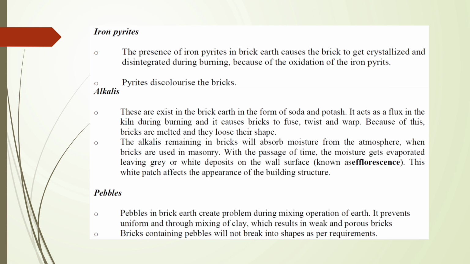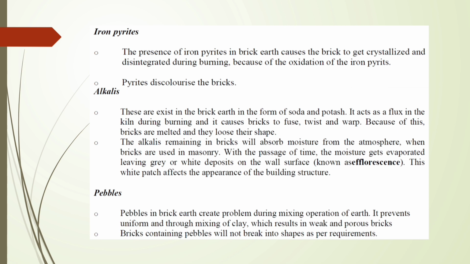Iron pyrites. If iron pyrites are present in brick earth, the bricks get crystallized and disintegrated during burning because of the oxidation of the iron pyrites. Alkalis. They are mainly in the form of soda and potash.